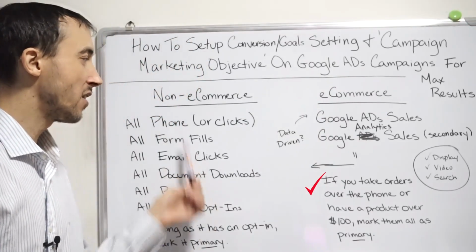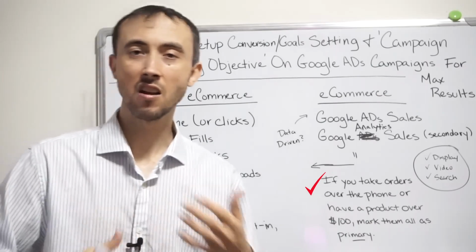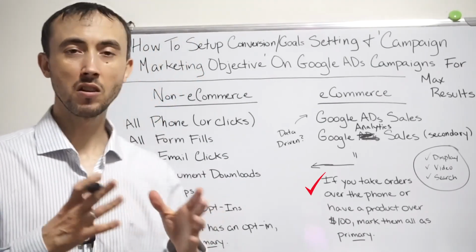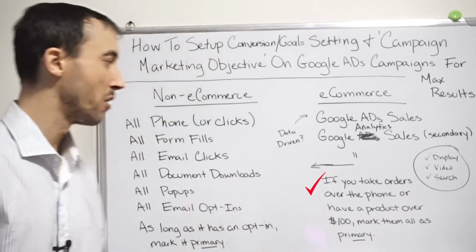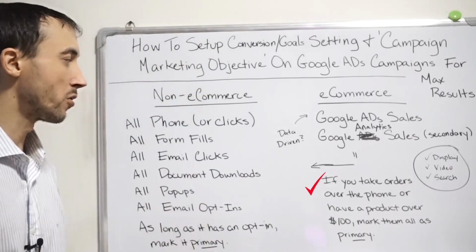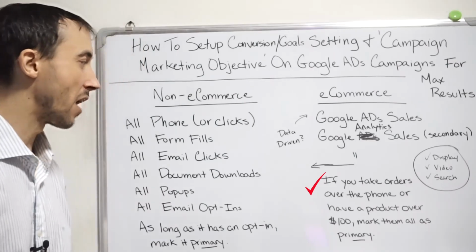And if you're not tracking these other things, you're going to be missing out on a lot of data, and the algorithm is going to steer your account towards the smaller purchases. So you definitely want to mark these other goals as primary at all points.